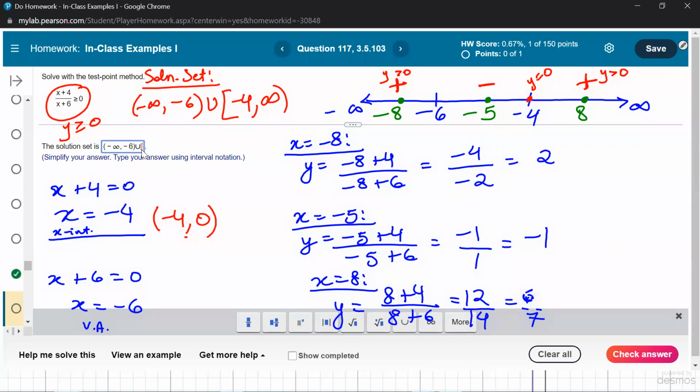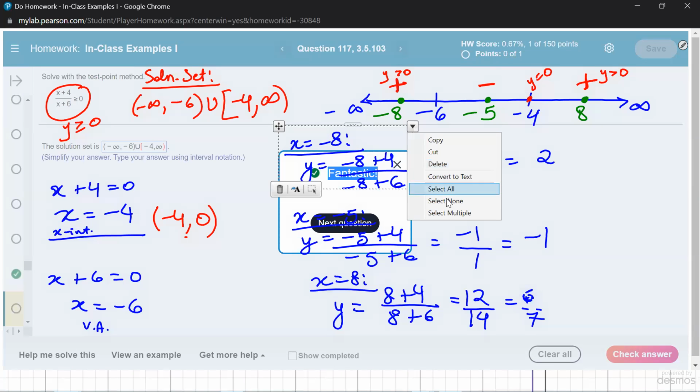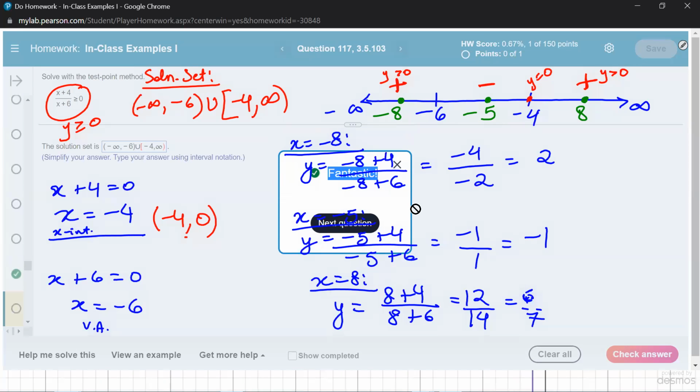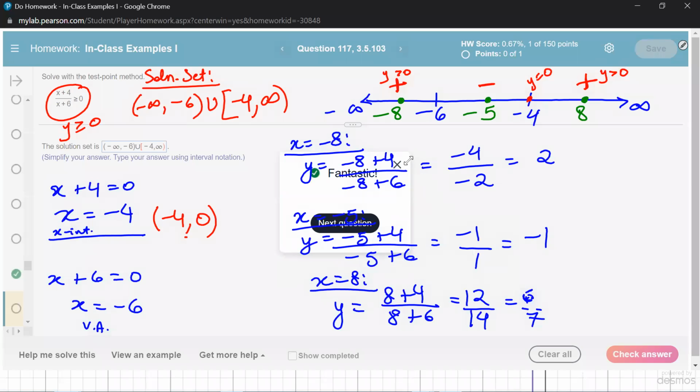Bracket, where do we go? -4 to infinity. Okay, apparently it's not going to let me.